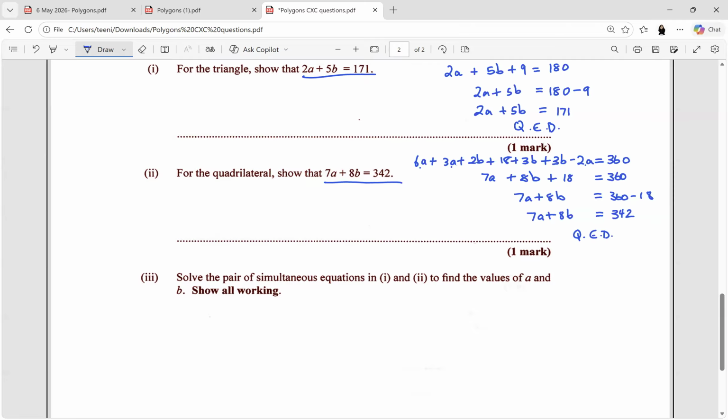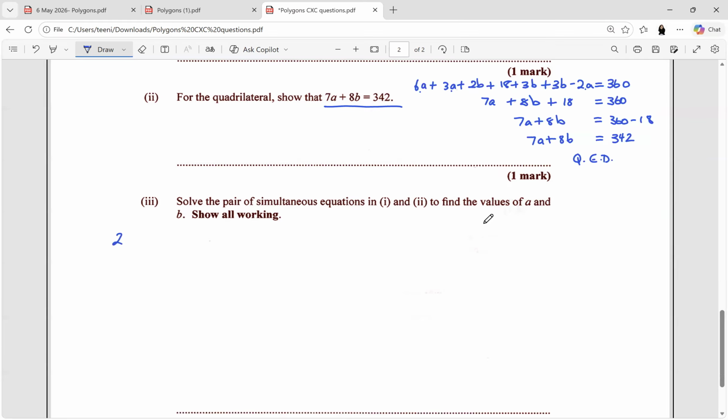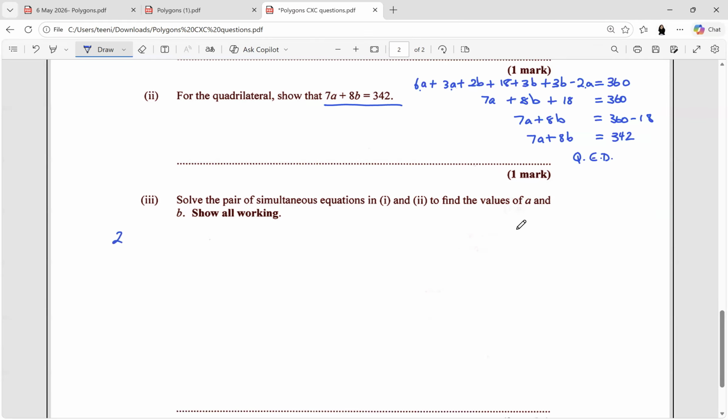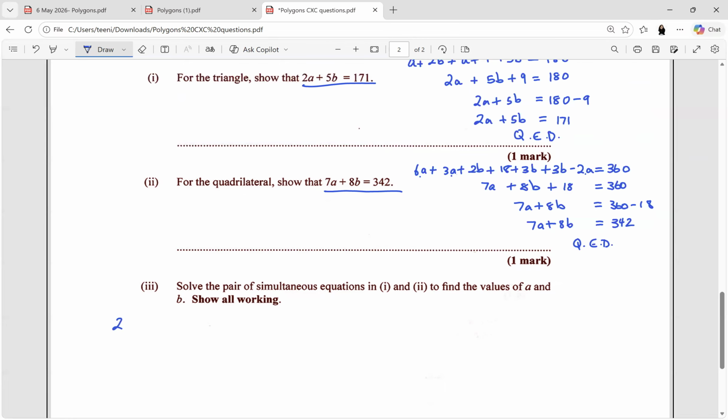All right, so the two equations are 2. I'm writing over here because in case I run out of space, I'll go over here, right? So, just writing the equations first, that's 2a plus 5b is equal to 171. This is my first equation. And then I have 7a plus 8b is equal to 342.